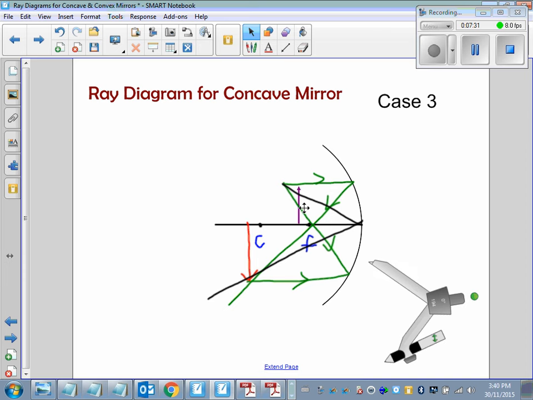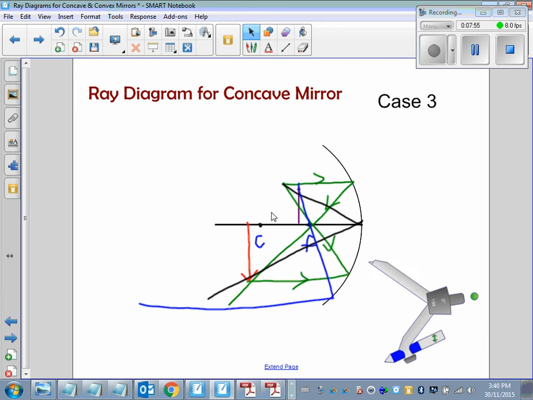I should also mention that if you move this purple point, well, let's see what happens. The actual ray that goes parallel to the axis would still be reflected through the focal point. But now the ray that's reflected through the focal point, I'm going to show it in blue, will actually be in a slightly different location. So reflected through the focal point, it would be reflected down here, and it would follow this line.